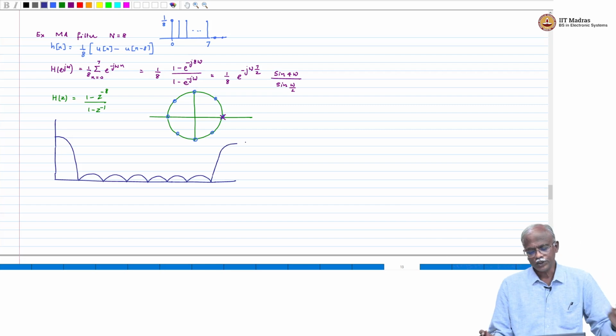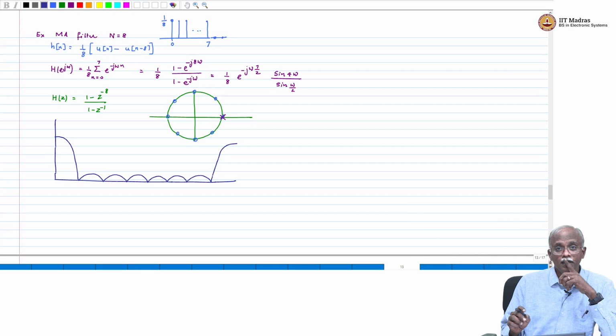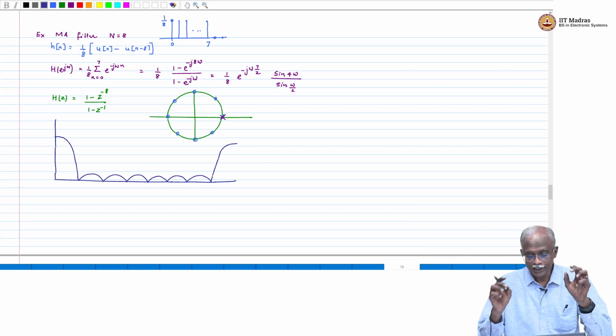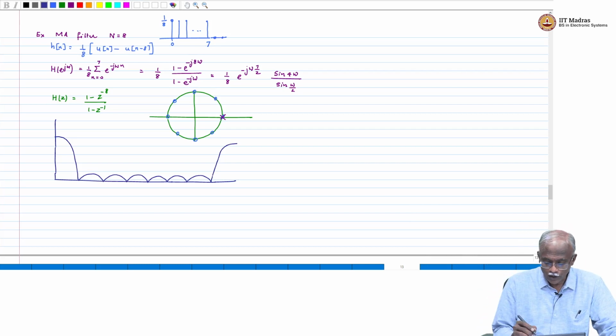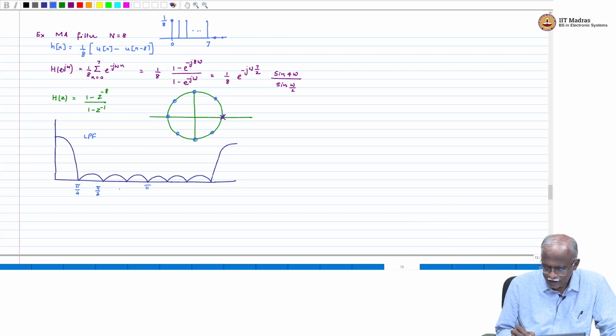This is the magnitude response. I hope you are comfortable with this particular interpretation, and saying that this is a low pass filter. Where is pi? Pi is situated here. What are these frequencies? This is pi by 4, this is pi by 2, this is 3 pi by 4, all multiples of pi by 4.